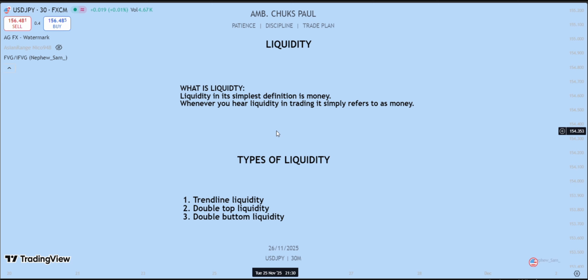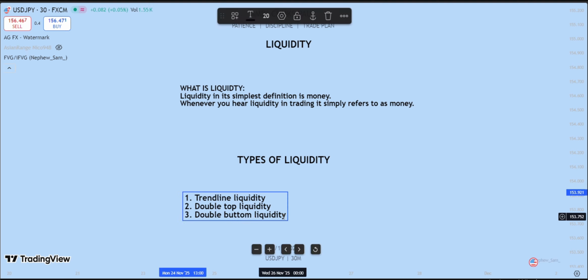And here we have types of liquidity, which we are going to be focusing on. Three types of liquidity for today, right? So the first one we are looking at is trendline liquidity. Then the second one is double top liquidity. The third one is double bottom liquidity. And the fourth one, let's add the fourth one.